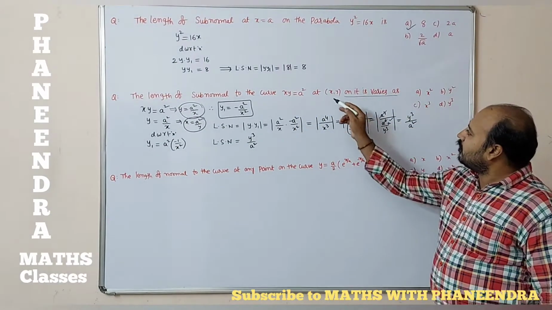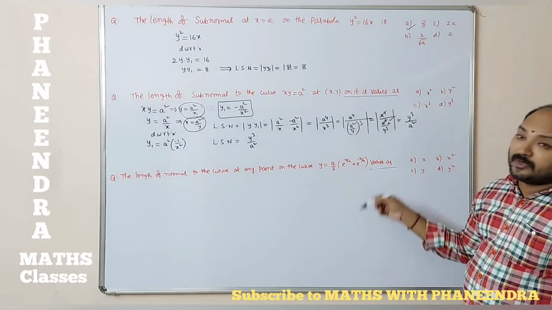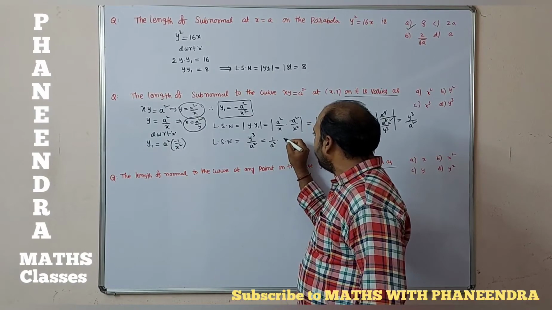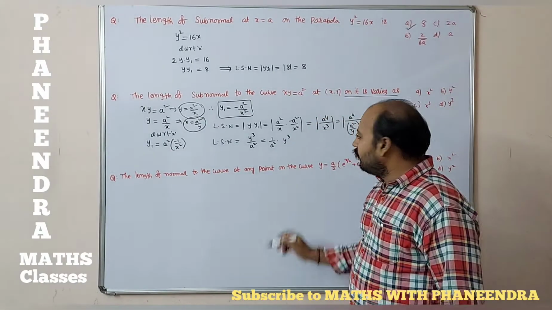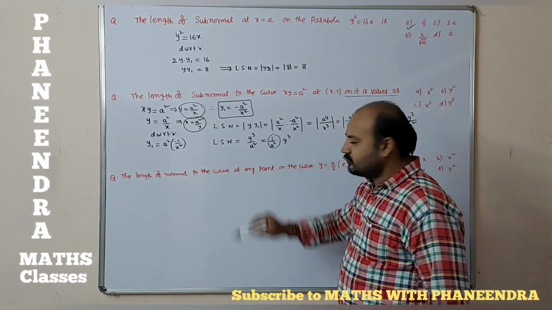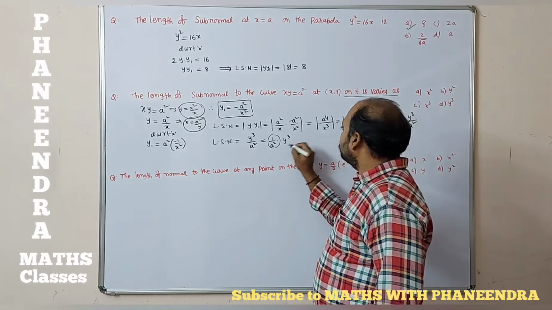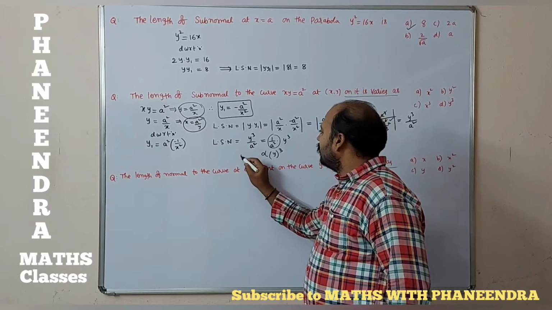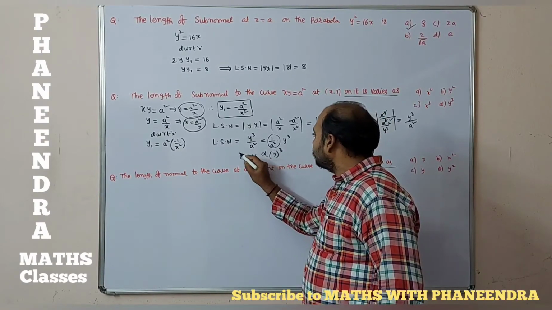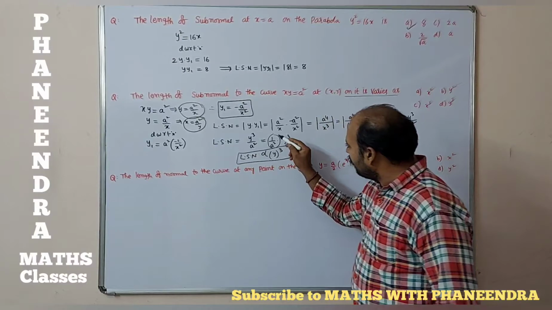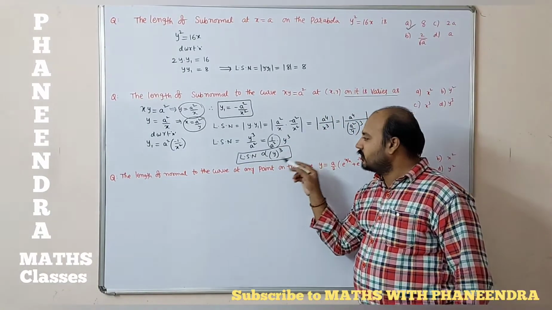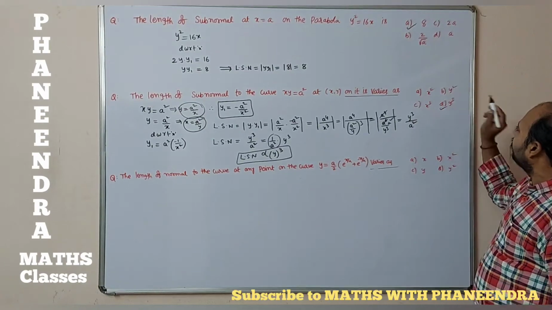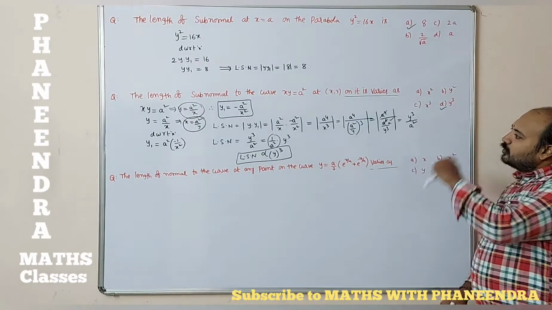Whenever the length of subnormal varies, if you remove this constant, this can be written as 1 by a square into y cube only, no? If you remove this constant, this is proportional to the cube of the y coordinate. So the length of subnormal varies as the cube of the y coordinate, and the cube of y coordinate is there in the fourth option.